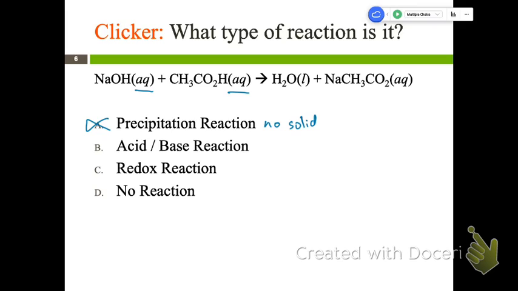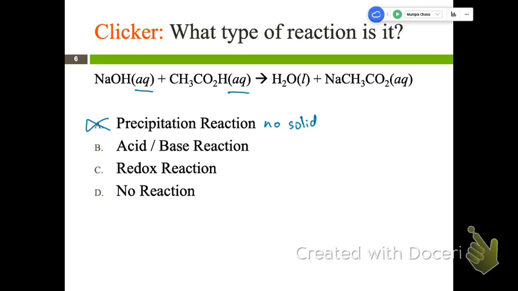What about redox? It had to be like a solid. Sometimes we have to have a transfer of electrons. So the most likely place in this class, at least for this exam, is you'll look at the metal. If the metal had one charge on one side and a different charge on the other, it meant it had to gain or lose electrons.